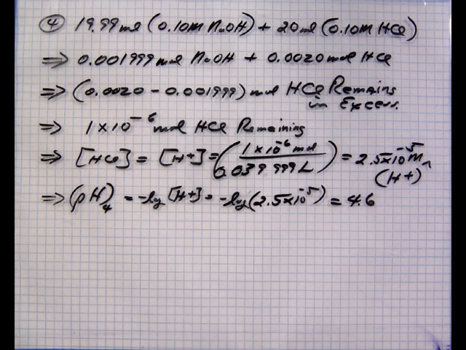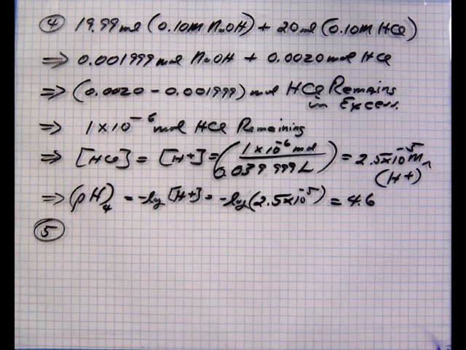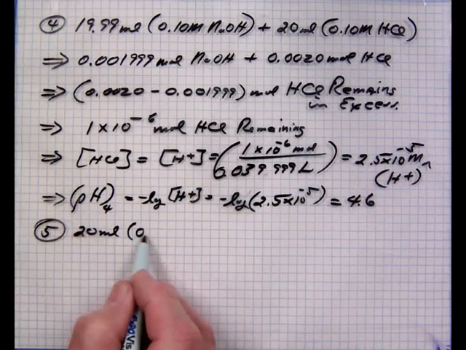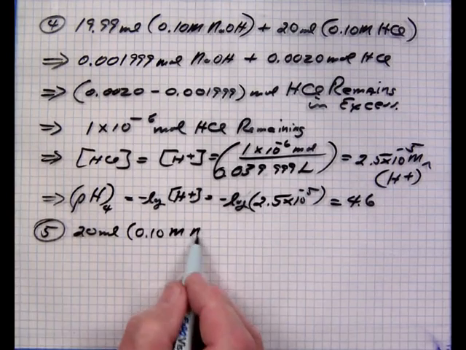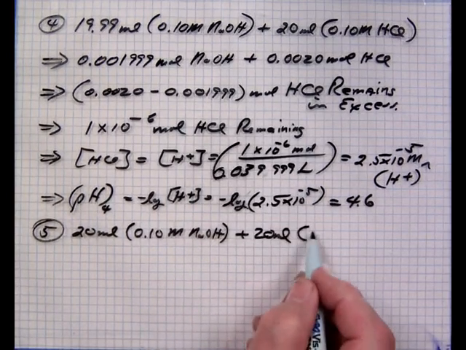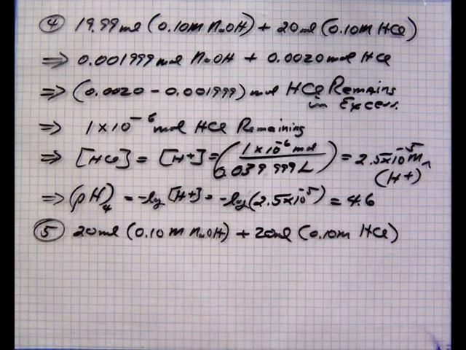So we're going ahead and hitting the equivalence point with titration number 5, being 20 milliliters of 0.10 molar sodium hydroxide plus 20 milliliters of 0.10 molar hydrochloric acid, like this.